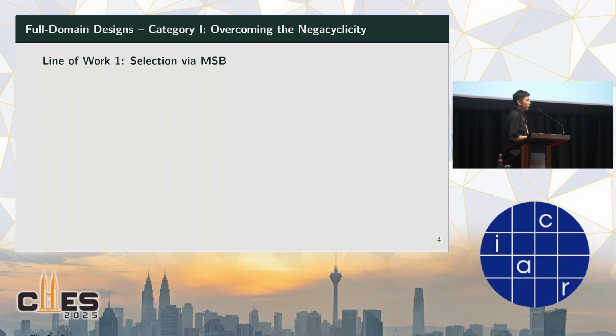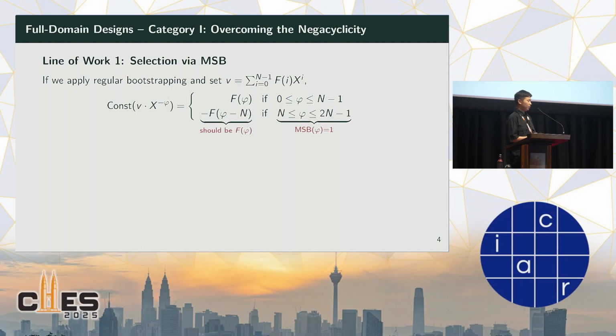To overcome these limitations, many works have proposed different full-domain designs for evaluation of general functions. Personally, I classify them into two categories. The first category is overcoming the acyclicity. The first line of work in this category is selection via MSB. Recall that in acyclic bootstrapping, the result would be incorrect if the MSB of phi equals 1.